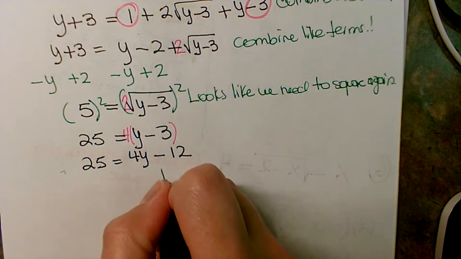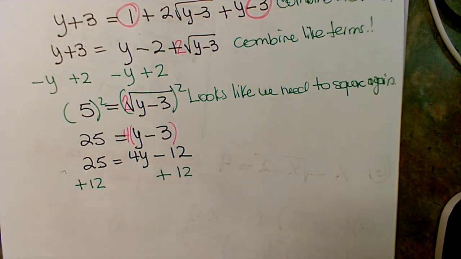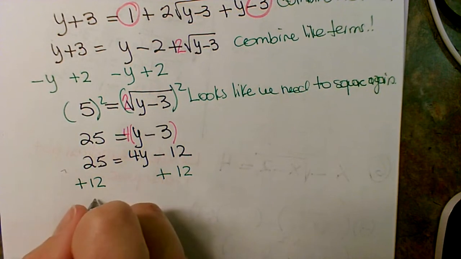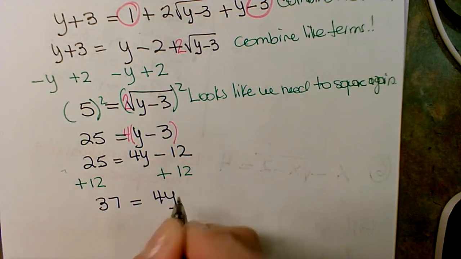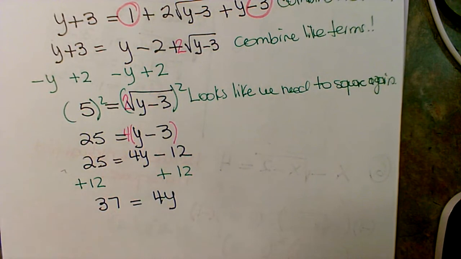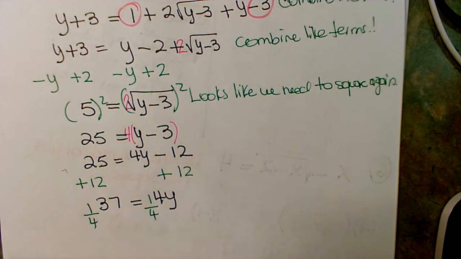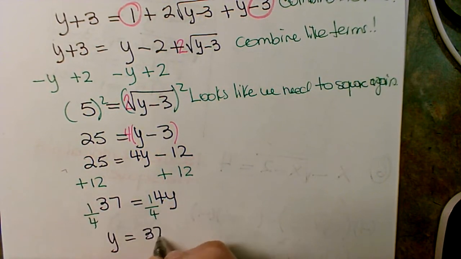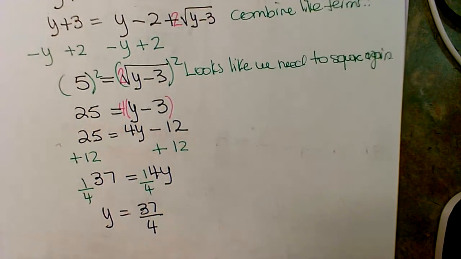Now, we're going to combine like terms, and we get 37 equals to 4y. If I multiply by the reciprocal, we get y equals to 37 over 4. And we're just going to leave it there.